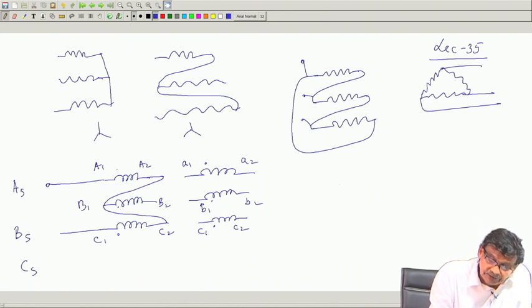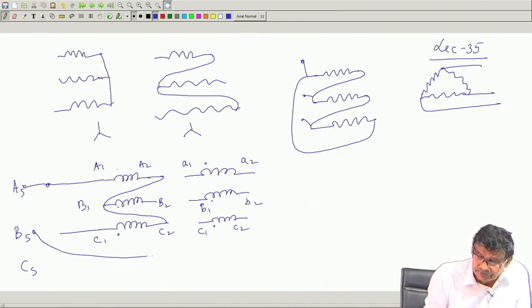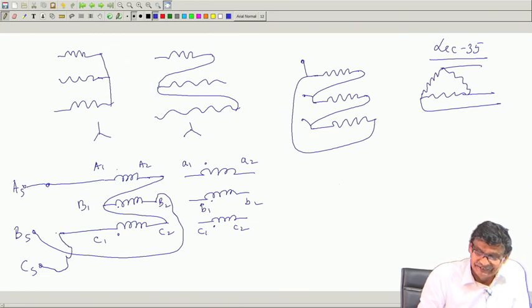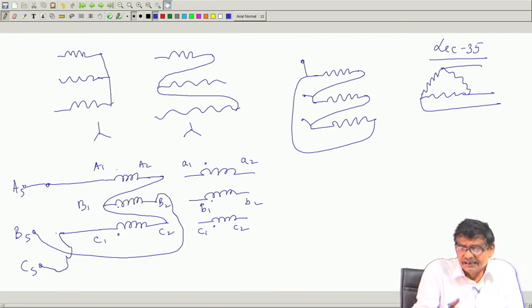He gives supply to here A, then this B supply terminal he gives to here, are you getting me? B and C supply he gives to there, and he tells that I have connected the primary in star and I have energy.